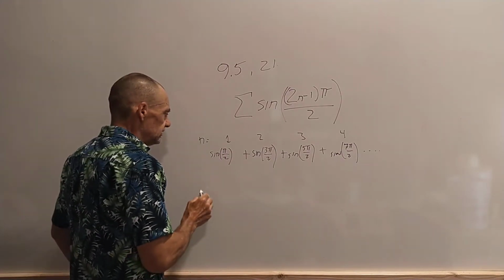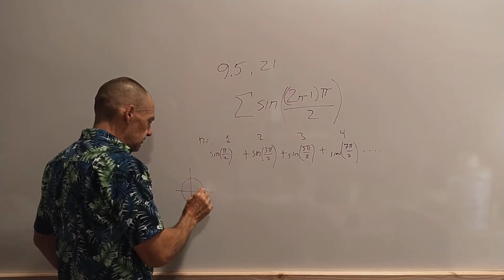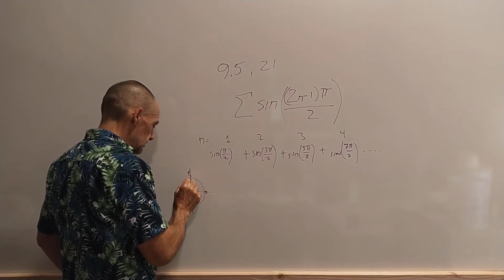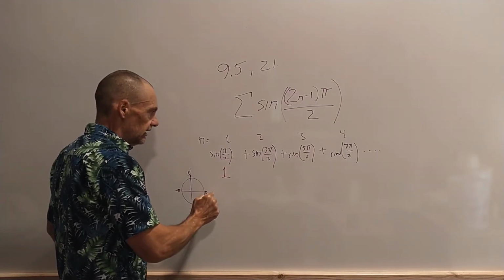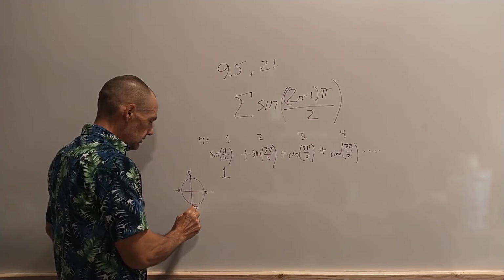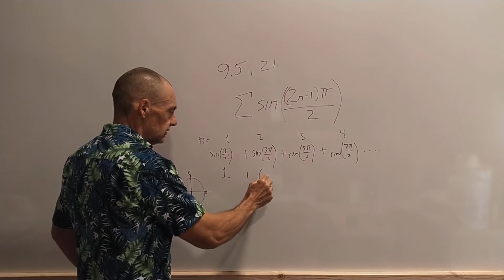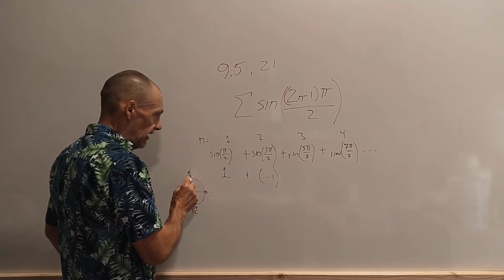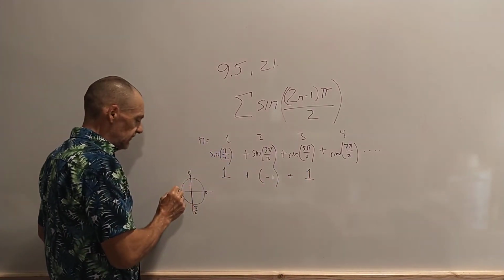Let's get some numbers. Let's look at our unit circle here. Here's 0, this is pi, this is pi over 2. Sine of pi over 2 is 1. Sine of 3 pi over 2 is down here, negative 1. Then 4 pi over 2, 5 pi over 2, this is 1. 6 pi over 2, 7 pi over 2.